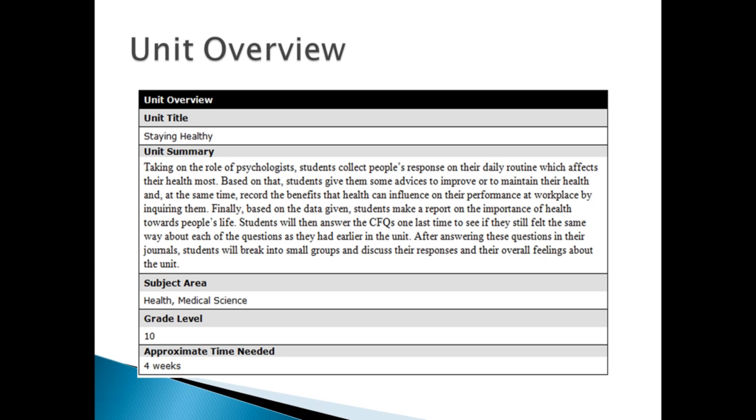After that, students will then answer the CFQs one last time, which are the curriculum framing questions, to see if they still feel the same way about each of the questions as they had earlier in the unit. And after answering these questions in the journal, students will break into small groups and discuss their responses and their overall feelings about the unit.